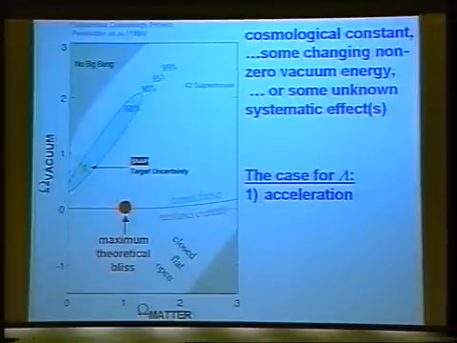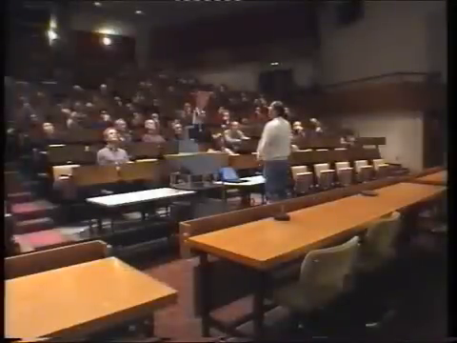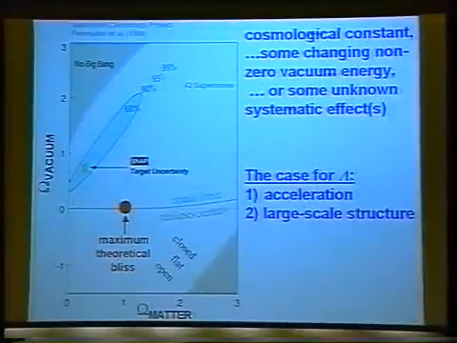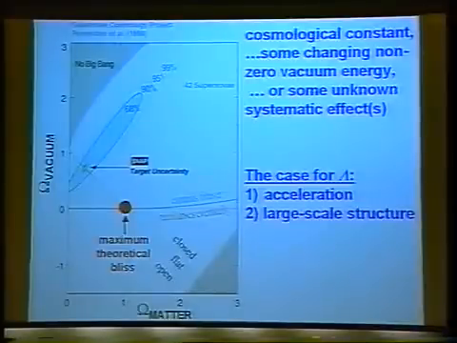So the Hubble diagram is not fit by just matter energy density. It requires a component with an equation of state that leads to acceleration. There is also evidence for a cosmological constant, or a vacuum energy, from observations of large-scale structure.